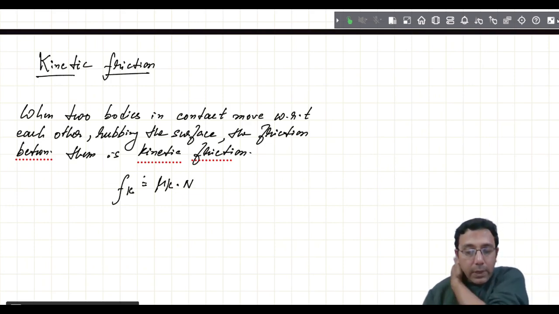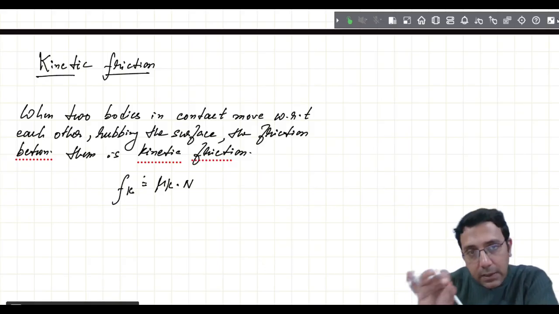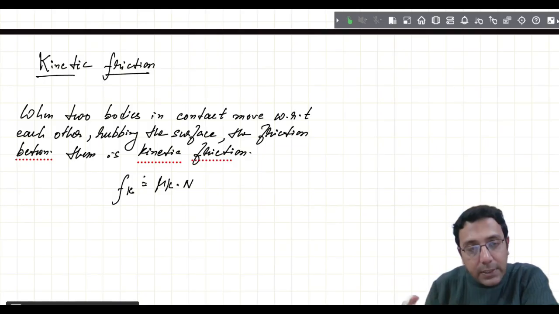Okay, the two bodies are moving, they are not static, they are moving and it is rubbing the surface. So in this case, the coefficient of friction will be called the coefficient of kinetic friction, mu k. Fk is the friction force, n is the normal reaction, n will be mg.